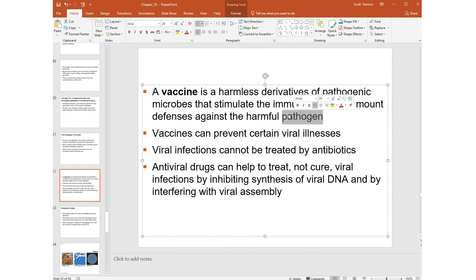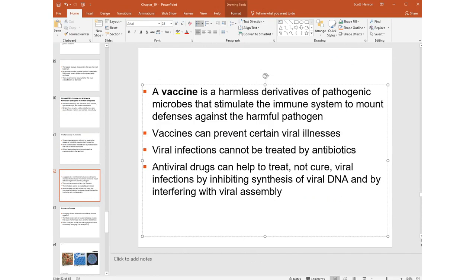And remember, a pathogen is usually a virus or bacteria, but a pathogen is just something that causes disease. So vaccines can prevent certain viral illnesses by stimulating the immune system. But just one rule of thumb: viral infections cannot be treated by antibiotics, because antibiotics only work against bacteria, not viruses.